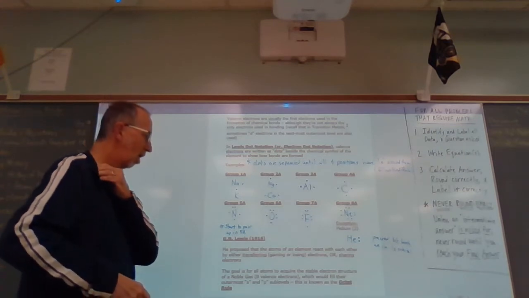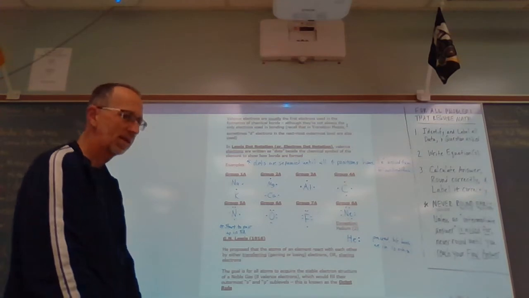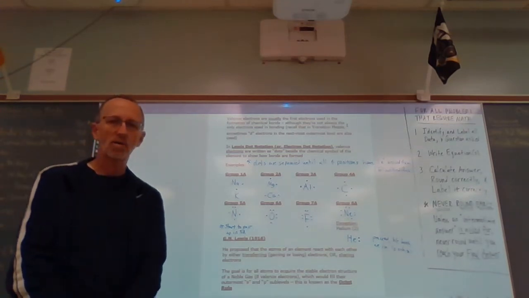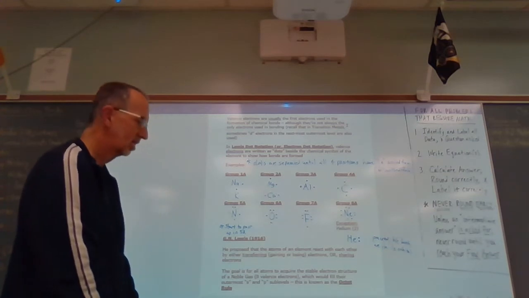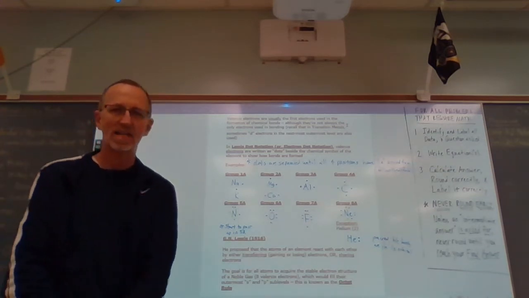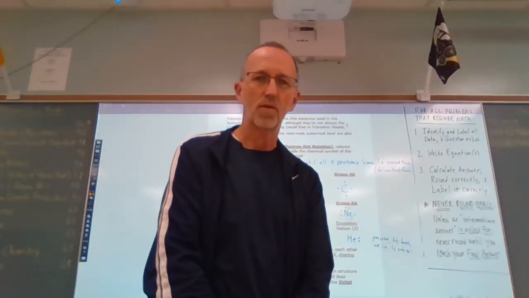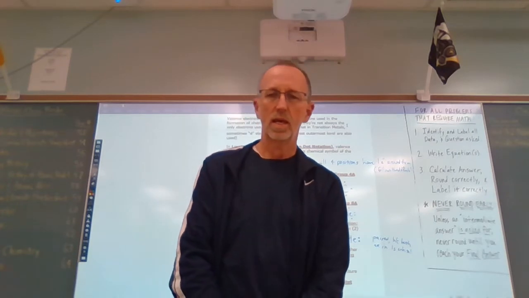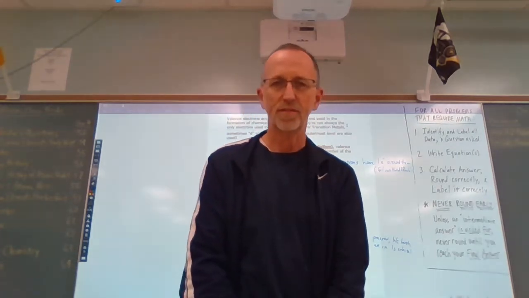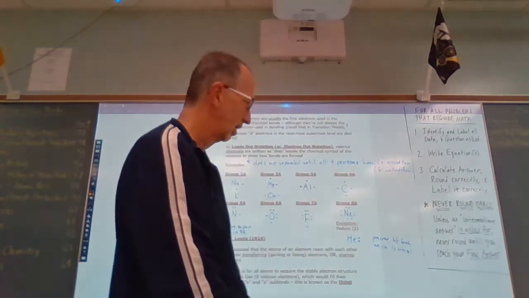The goal is for all atoms to acquire the stable electron structure of a noble gas, which is 8 valence electrons, which would fill their outermost S and P sublevels, their outermost S and P orbitals. This is known as the octet rule. I know Chem 2 students, you have heard that term before in Chem 1. And I'm assuming that even my honors chem students, even though this is their first year in chemistry, have also heard about the octet rule somewhere down the line.